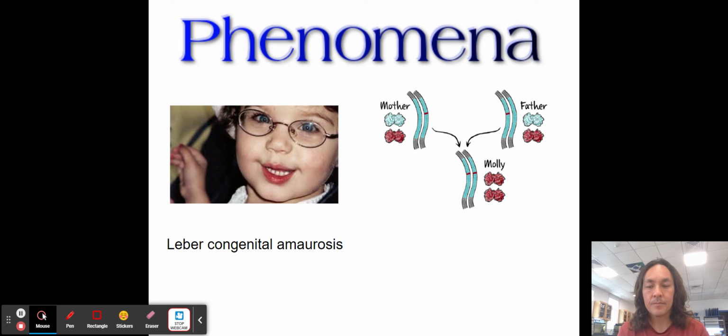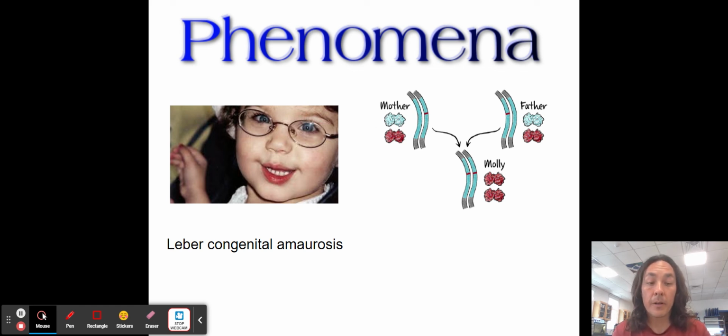your eye cells. Luckily for this story, we had a good ending in that Molly received some gene therapy, a modified adenovirus that carried some copies of the correct protein, this blue one, into her cells, and her eye cells are able to express that gene therapy product there.